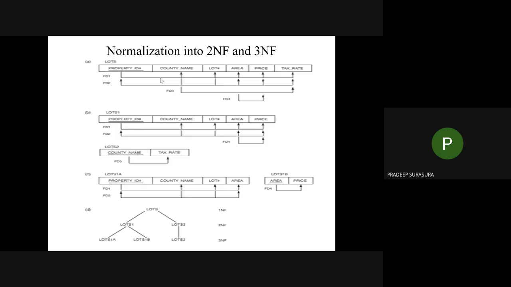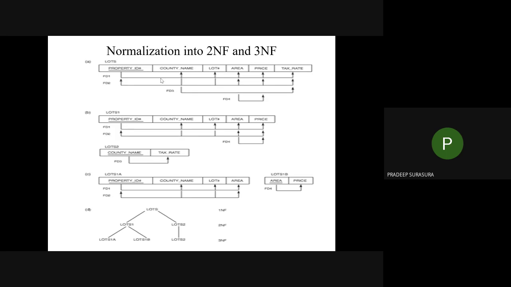You have 2 keys here: property ID is one, and country name with lot number is another. So the super keys are 3, but we can consider these 2 as the keys.